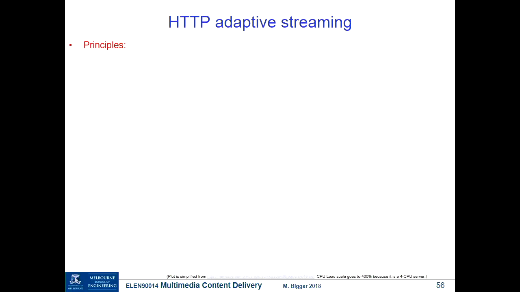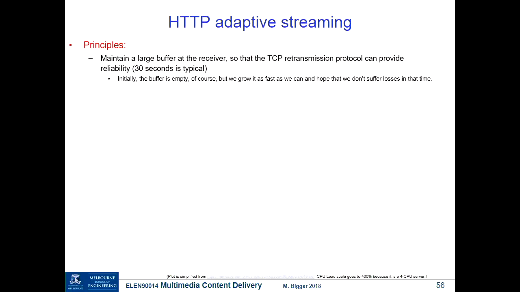The principle of this HTTP adaptive streaming, as it's also called, is that we strive to maintain quite a large buffer, as I said before, something of the order of 30 seconds is typical, and that allows TCP retransmission when packet loss occurs, and that's really valuable, right? Because we essentially have a fully reliable connection.